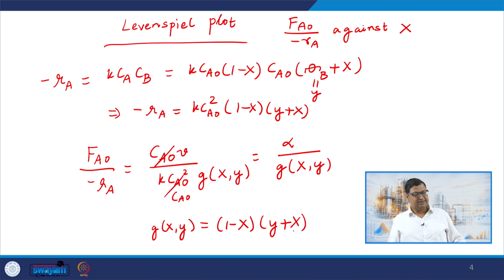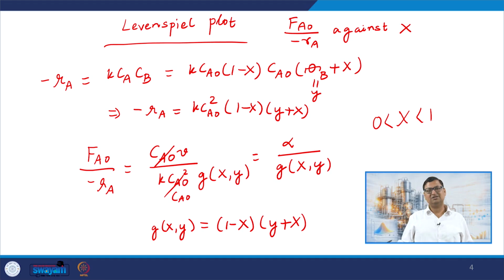Now, you can clearly see it will form a quadratic equation in X, and the question is whether that quadratic function has a maxima or a minima between X from 0 to 1, because the conversion can only range from 0 to 1. Any mathematical function may have a maxima or minima at any point, but only if there is a maxima or a minima in the range 0 to 1 of the conversion is it relevant here.